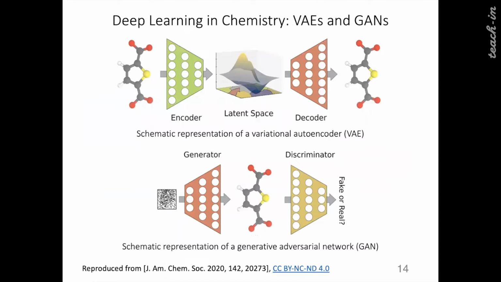And in the field of deep learning, there are several approaches, several topics that should be mentioned. So in some studies, people use variational autoencoders that we are going to mention tangentially for chemical tasks.